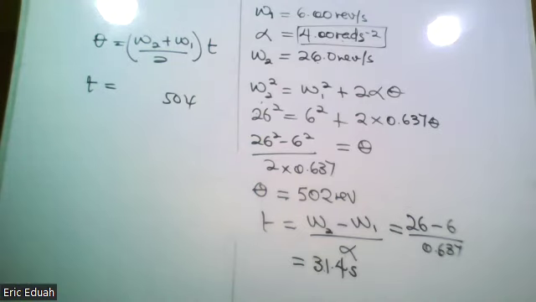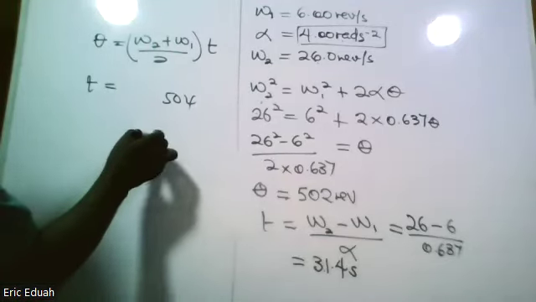Mr. Dia, your hand is up. Please, if I'm right, are you trying to say that the number of turns in this question is equal to the angular displacement? Yes, and that is the demonstration I gave you.